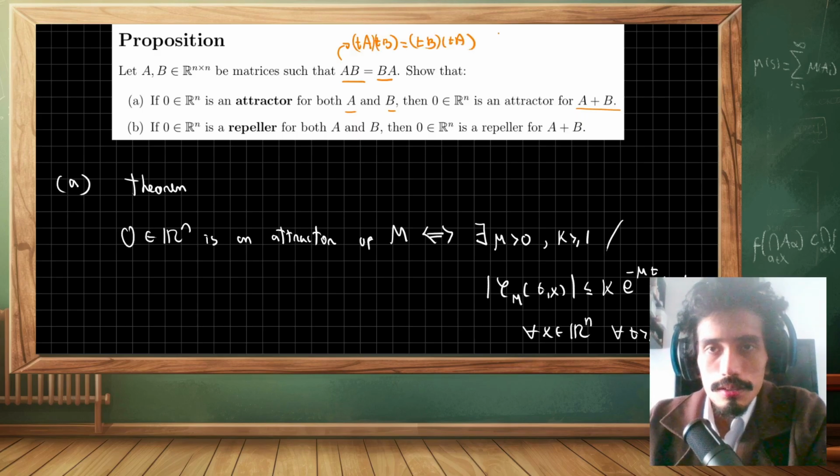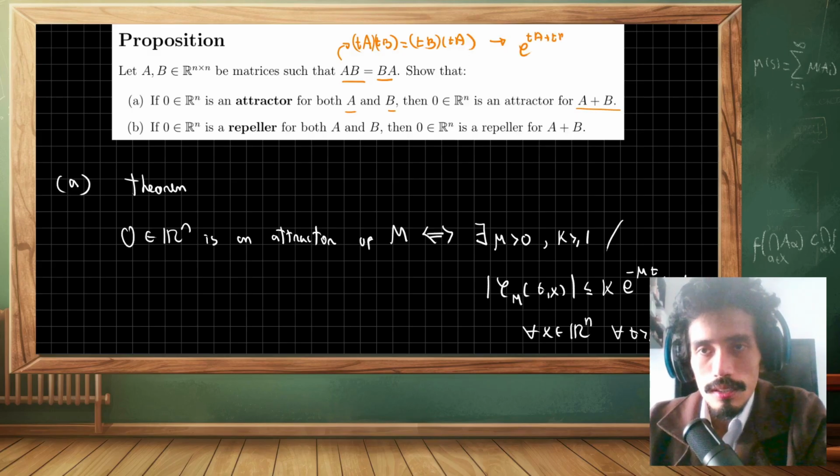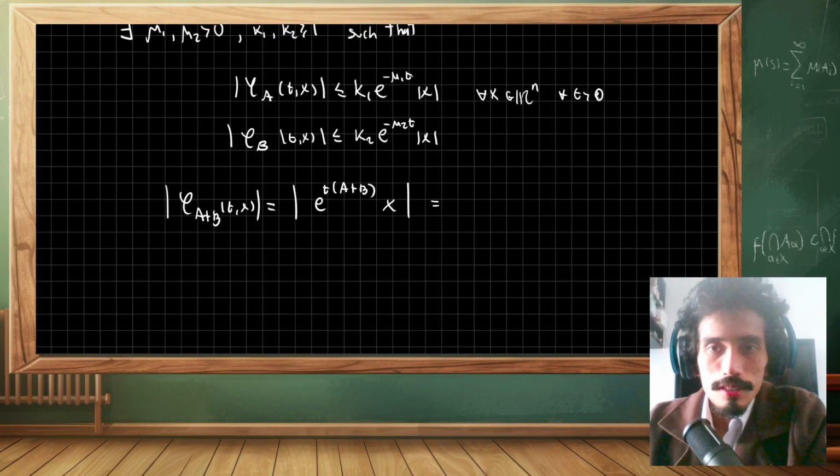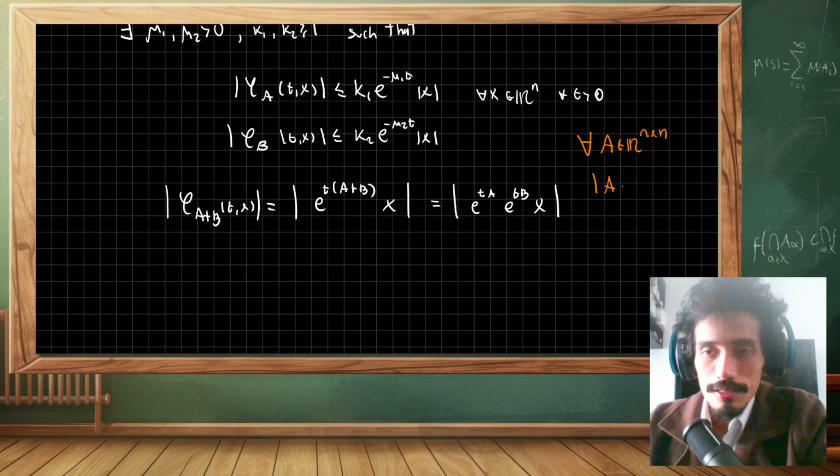So the property tells you that if this happens, then this is equal to the product of the exponentials, only in this case, only when the matrices commute. Since they commute, then we can say that this is equal to this times x. And now we apply the property that tells you that for every matrix A, the vector norm of this is less or equal than the norm of A as a matrix times the norm of x.